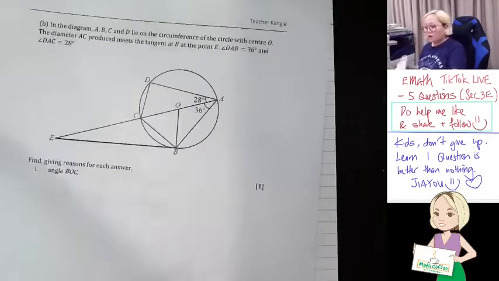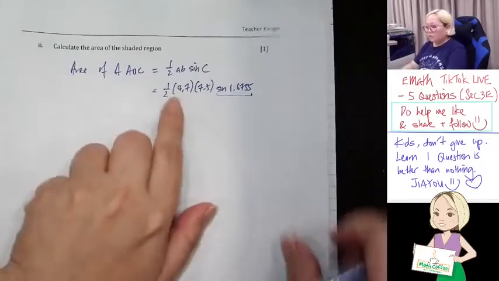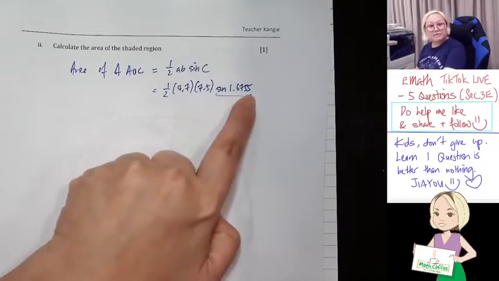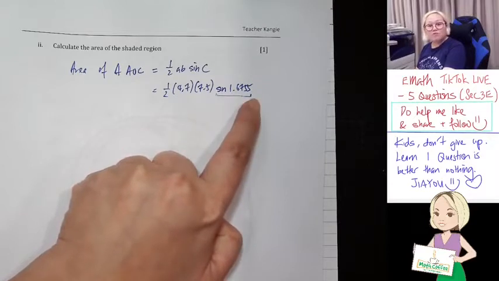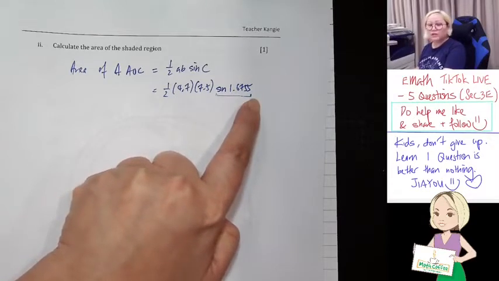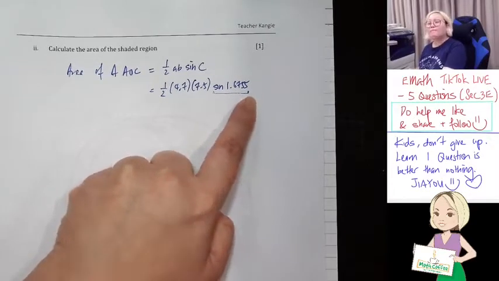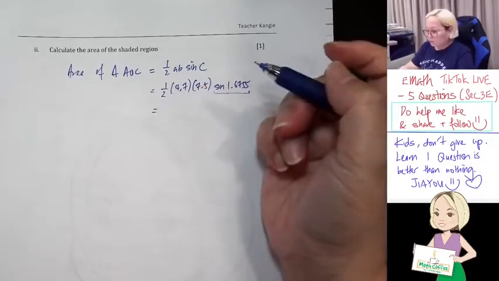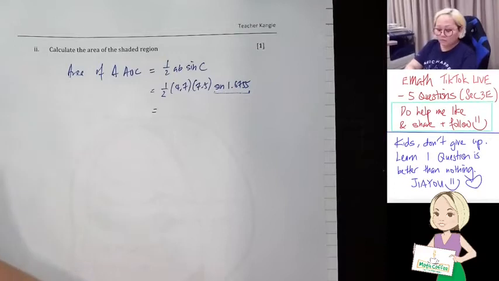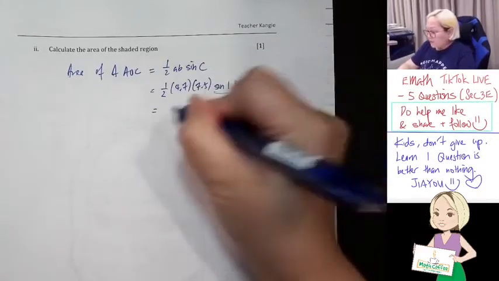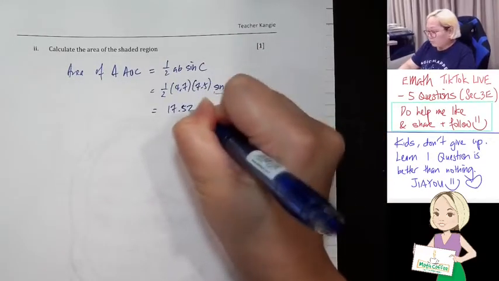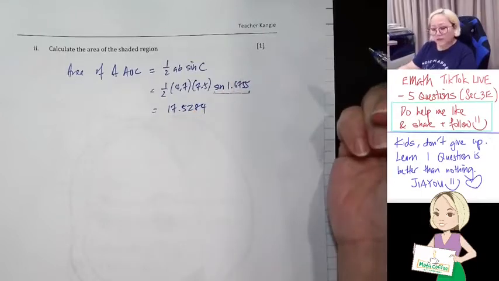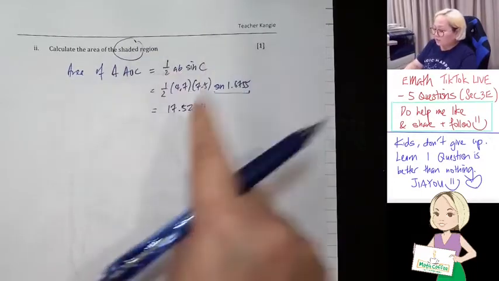But over here, you need to do sine 1.6755, and this 1.6755 is radian. Then yes, you need to make sure that you are in radian mode, and press the calculator. It will give you 17.5284.